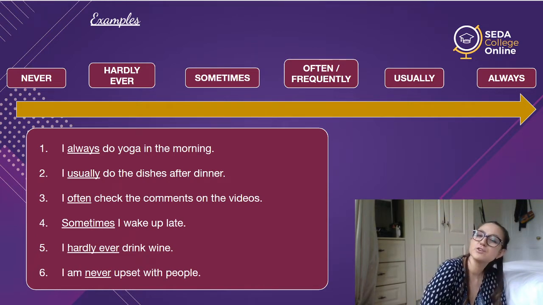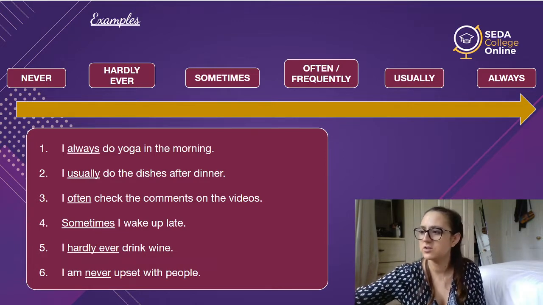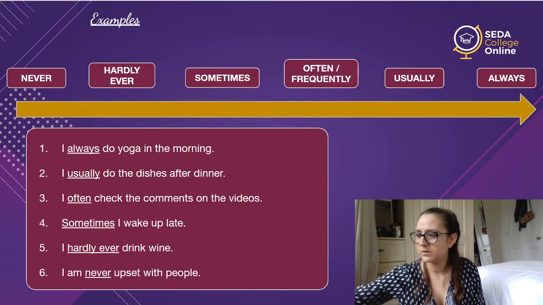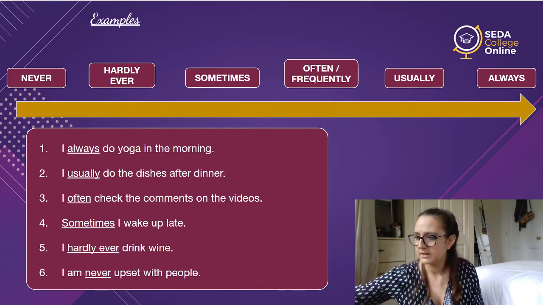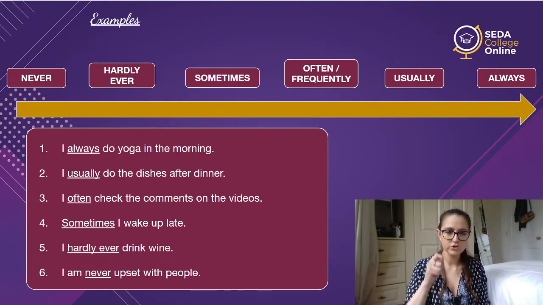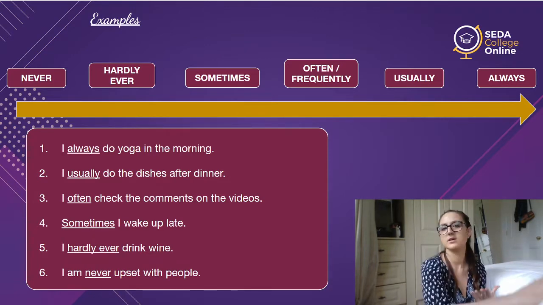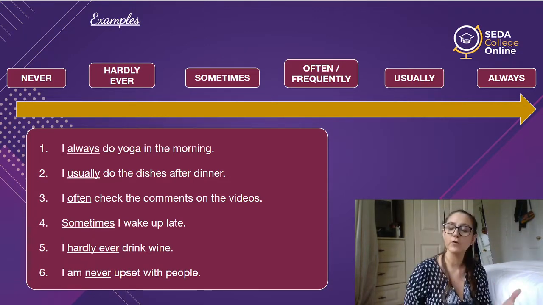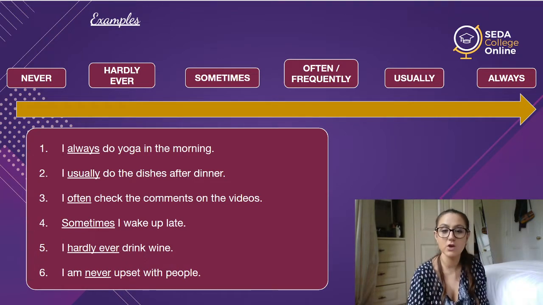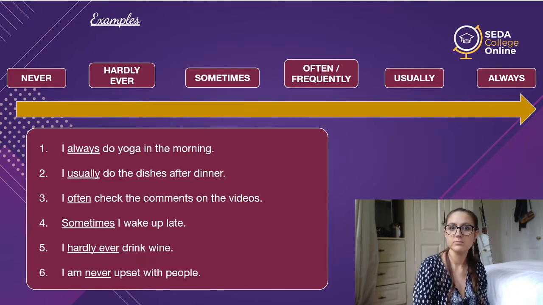So now we have number 2. I usually do the dishes after dinner. So dishes, my friends, do you remember what it is? Dishes is when you finish eating, you end up with your fork, your knife, and your plate, and you have to wash them. So you do the dishes, which means you clean the things you have to clean, right?